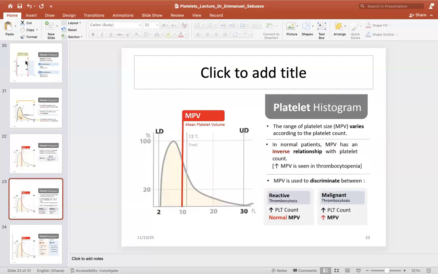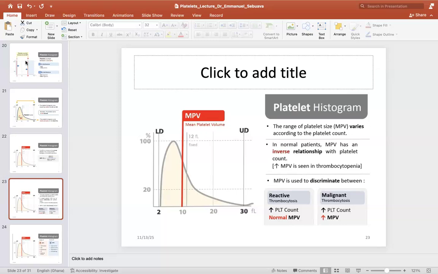If you have reactive thrombocytosis, where the platelet count is high, there are times that your MPV is still normal.